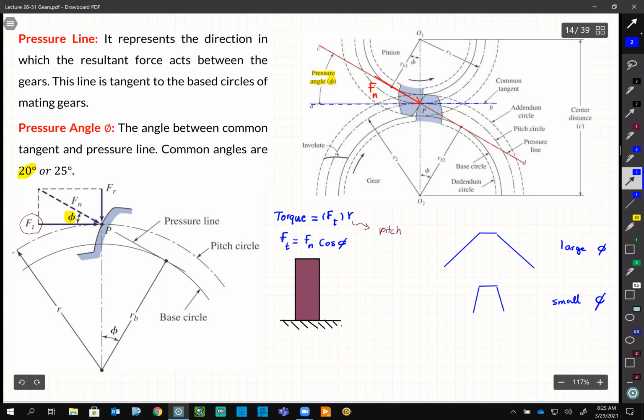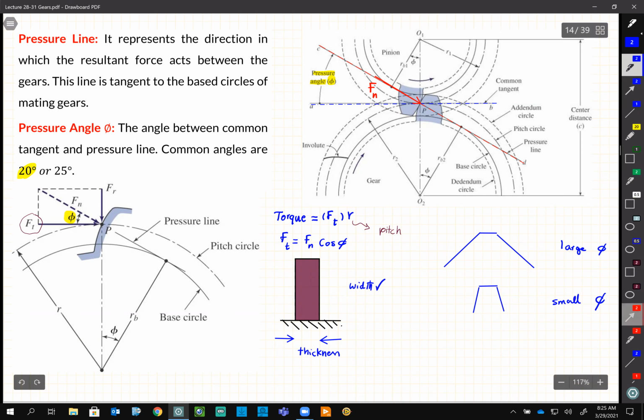So this is the thickness, and you have the width, which is going into your screen, right?